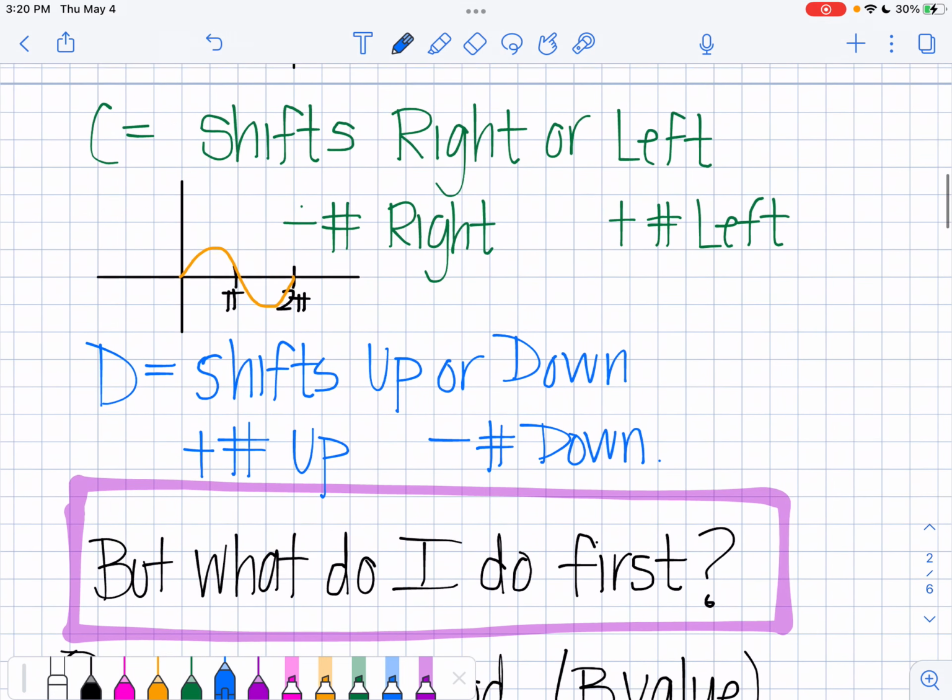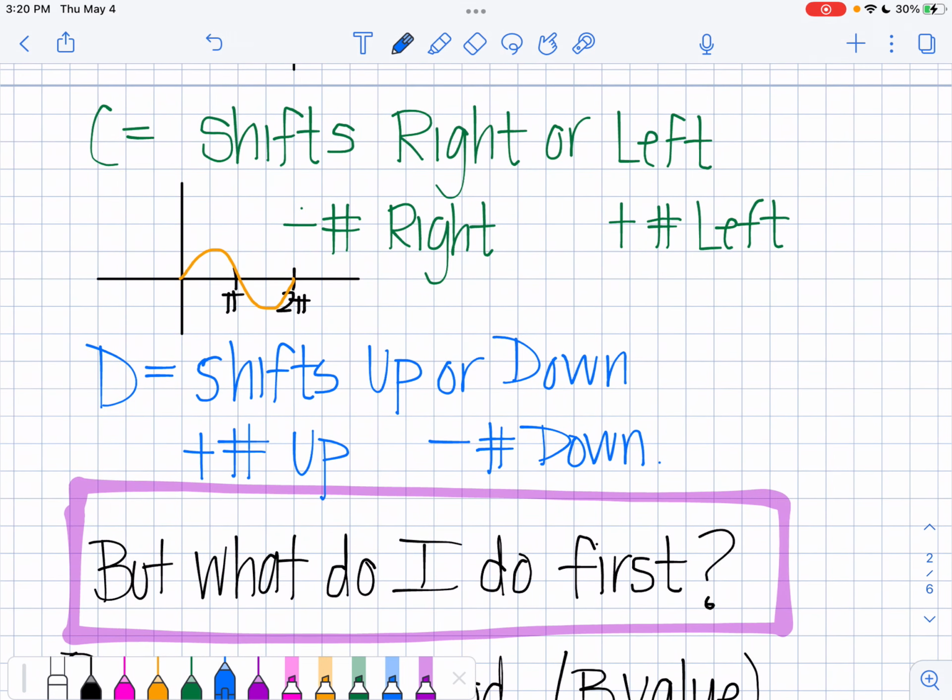The C and the D are going to move our graphs right and left, and the D is going to move the graph up and down. Just like every other graph that you translate, with the x value to move the graph right or left, it's opposite. So if you had an x minus pi, this would actually move it to the right. And if you had x plus pi, this would move it to the left.